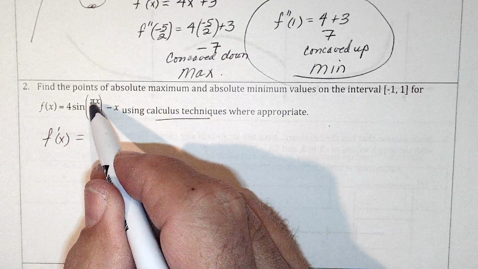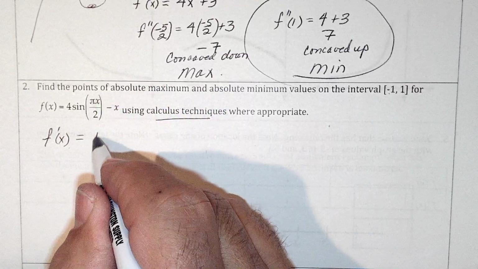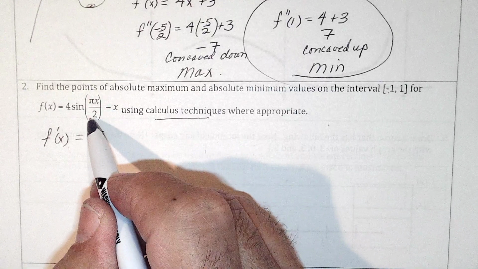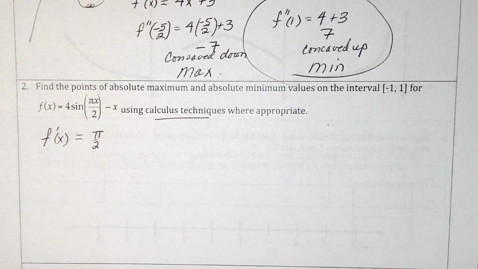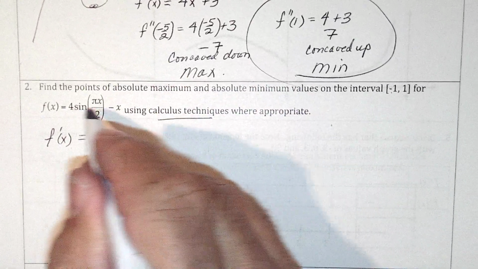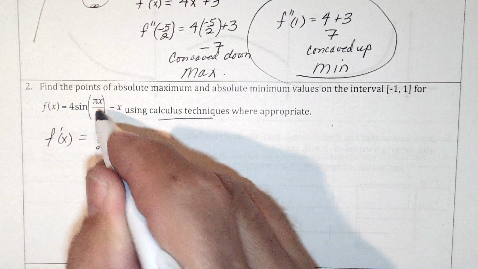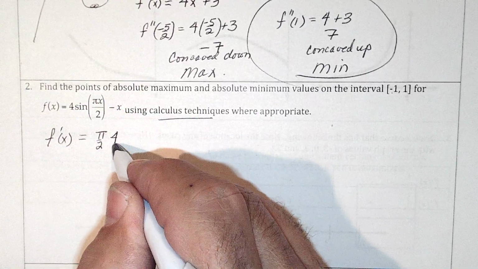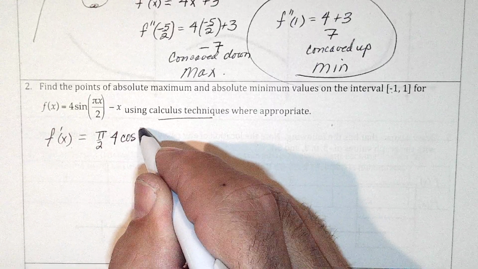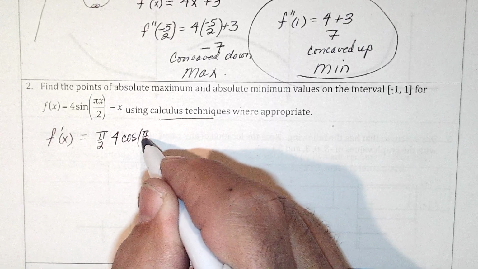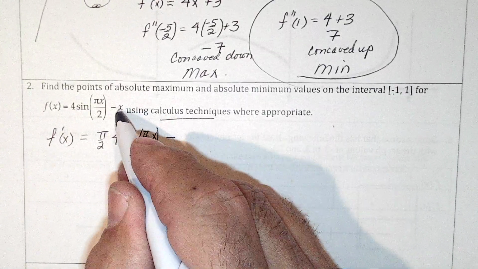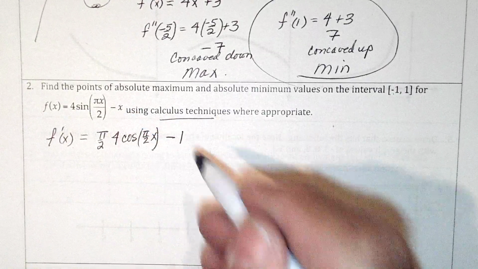The derivative of the inside is pi over 2, because pi over 2 times x is just pi over 2, and times the bigger picture, which is 4, the derivative of sine is cosine of pi over 2x, minus the derivative of x, which is 1.